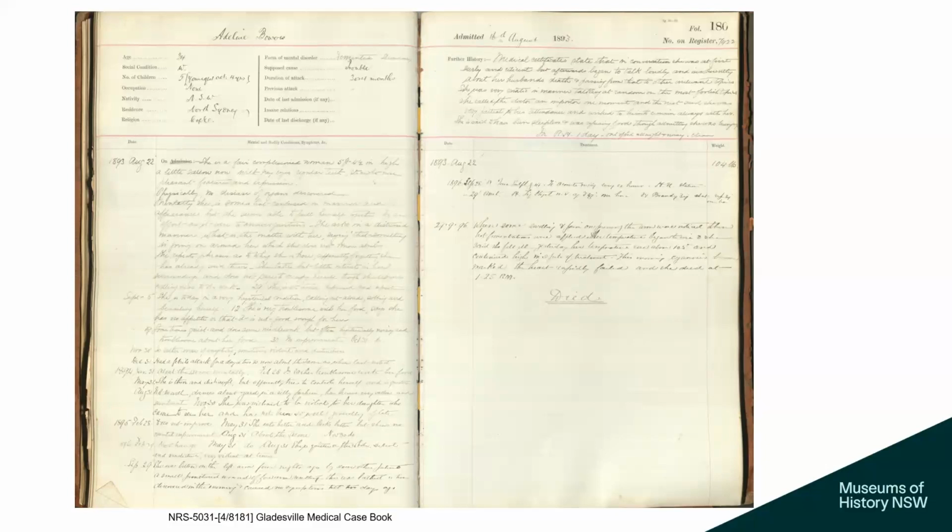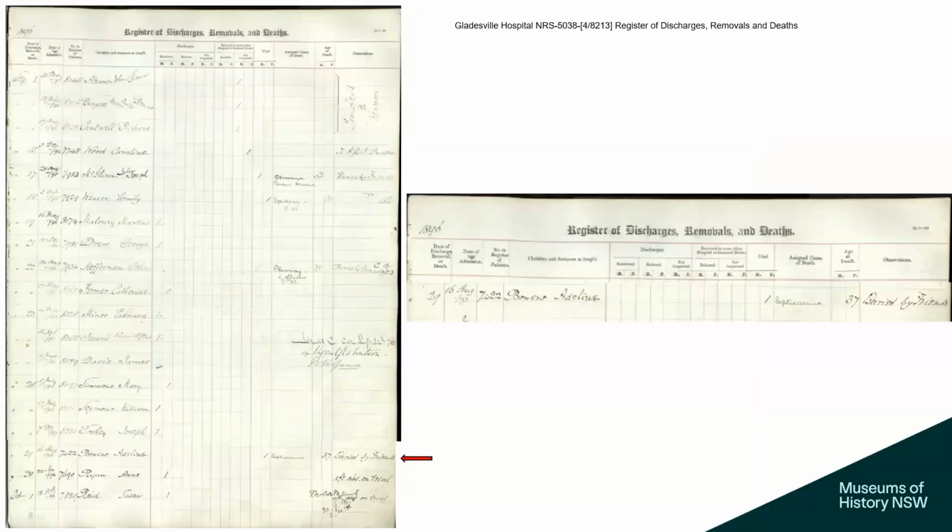The last record I would like to show you is the Register of Discharges, Removals and Deaths. This is arranged by the date of discharge, or the date that they might have been transferred to another mental health facility, or the date that they died. This is Adeline's entry and records her date of death.